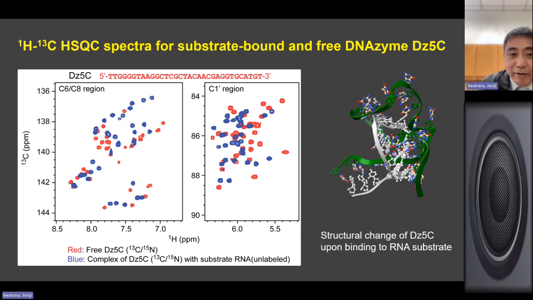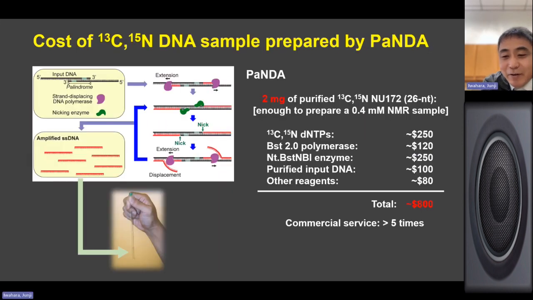Okay, probably some of you are wondering how much cost is really required for this labeling, right? Okay, here's an example. For NU-172, to get 2 milligrams of purified material ready for NMR experiments, it costs about $800.